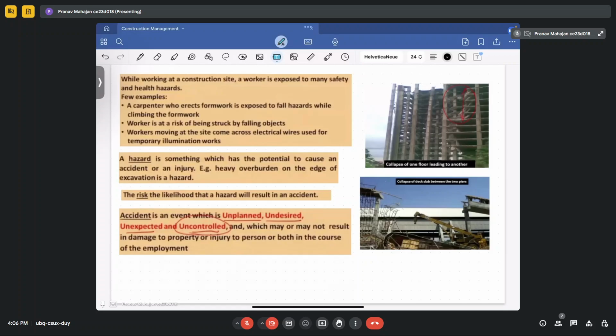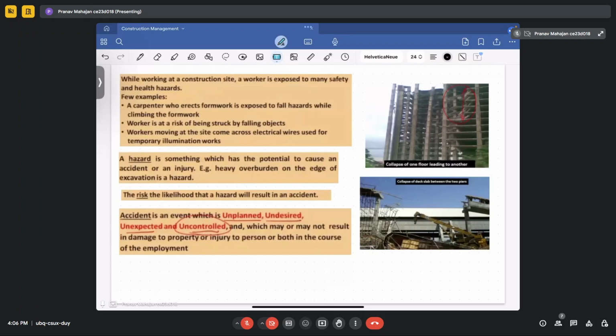Each project may suffer very huge losses, not only in monetary value but also in man lives, which will cause great damage to the project during its life cycle.